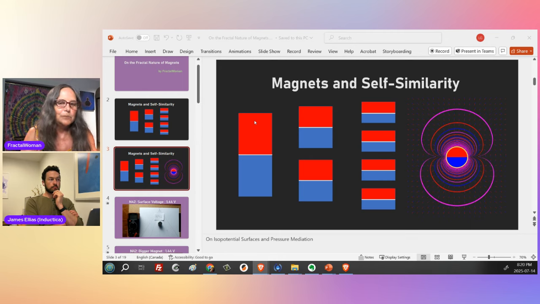The word similar is very important, not self-same, but self-similar to the original magnet. You break those in half and you get a magnet that's self-similar to that one, and similar to that. So the foundational principle, if the universe is a fractal, is magnetism. That's my starting point.